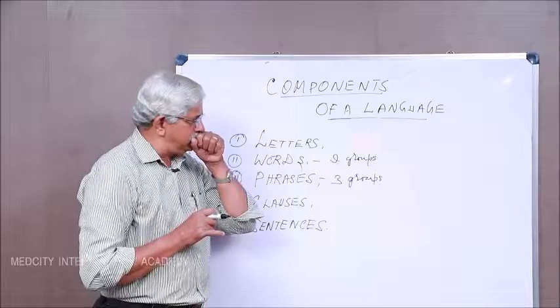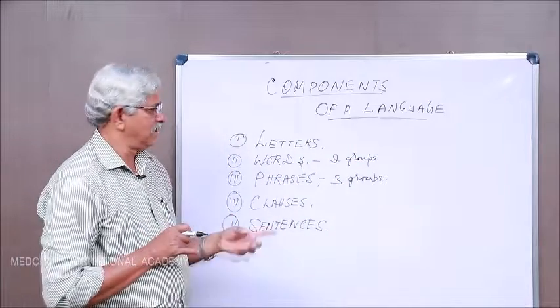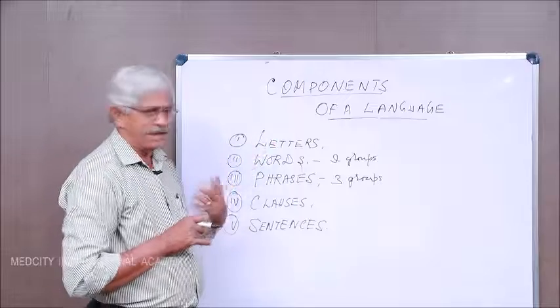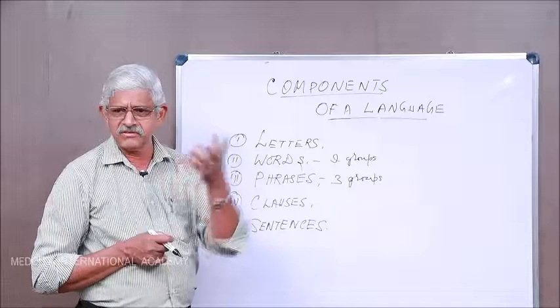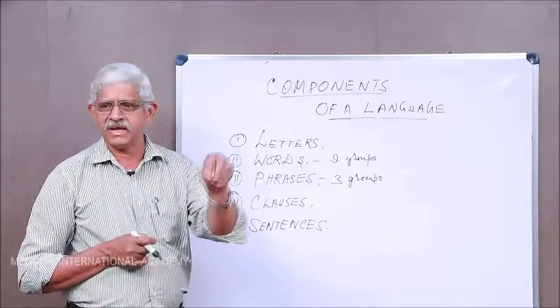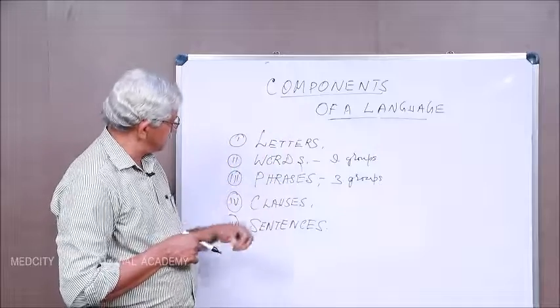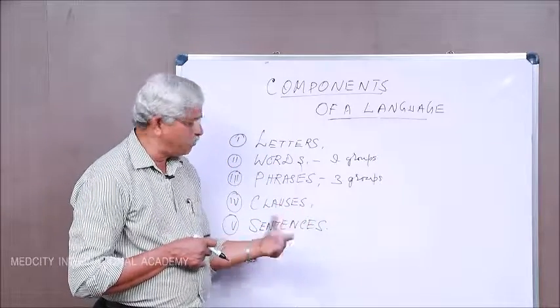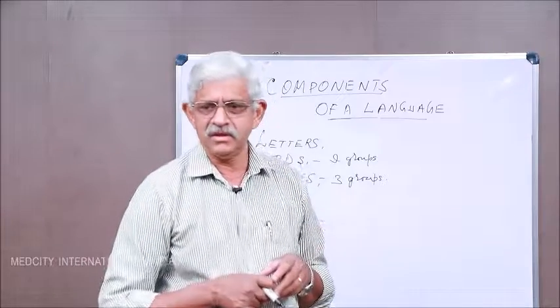There are 9 kinds of words in our language. Then the first one, of course, letters. You know that there are 26 letters divided into 2 groups, vowels and consonants. Now, with this much, we shall go to the 4th component of a language, that is the clauses.